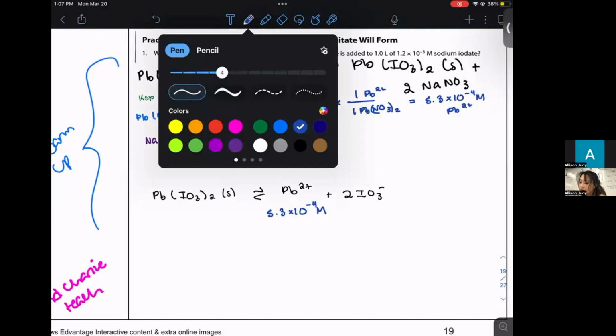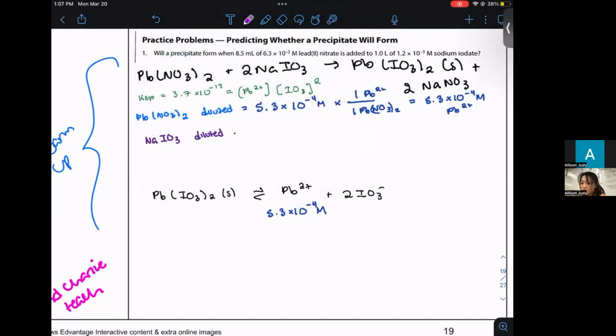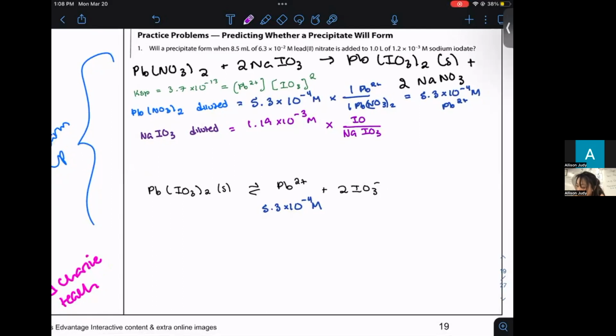Okay, for the sodium iodate, what did you get for diluted? 1.19 times 10 to the negative 3 molarity. And for every one sodium iodate, you get one IO3.